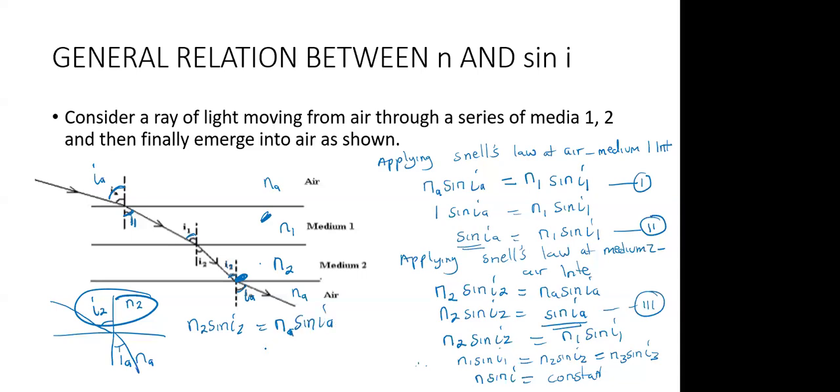But N of air is 1. So I say 1 times sine of I of A, which is the same as sine of I of A, is equal to N2 sine of I2. But initially, from the earlier equation, you know very well that sine of IA is the same as N1 sine I1. So you equate.